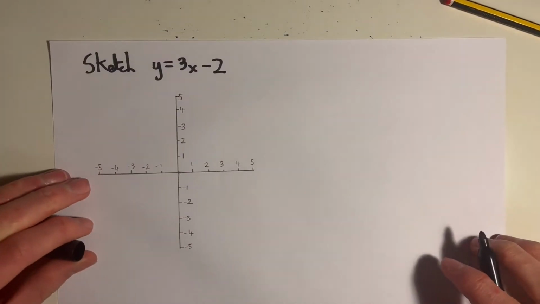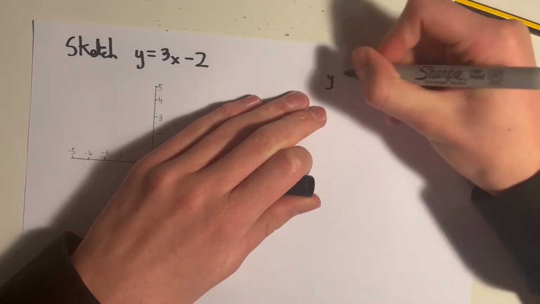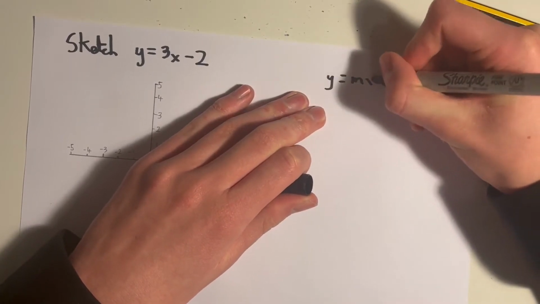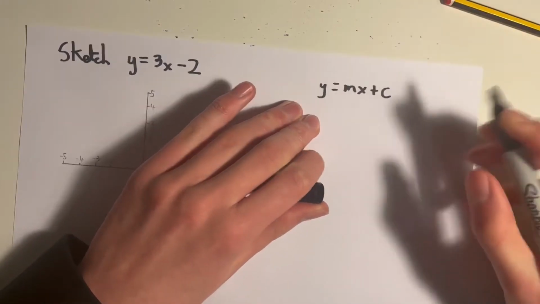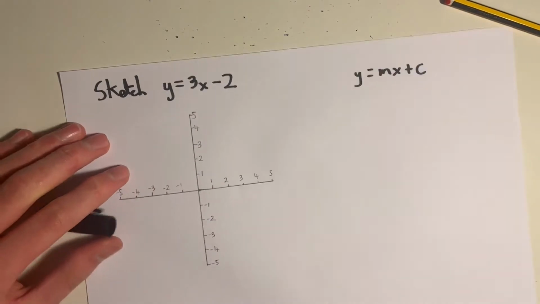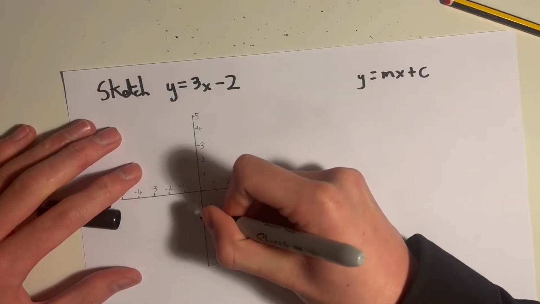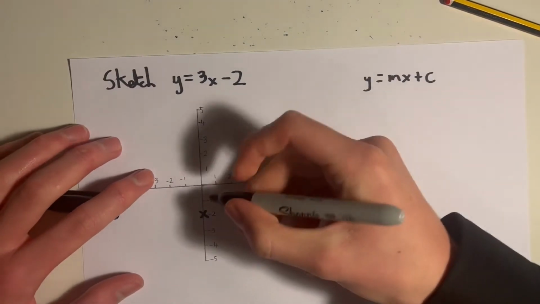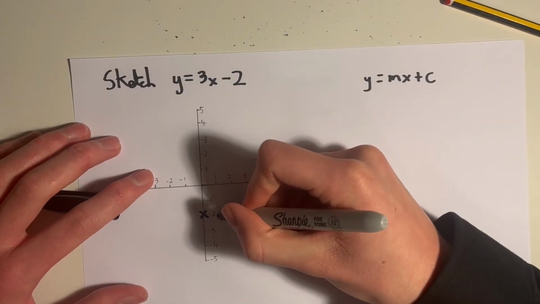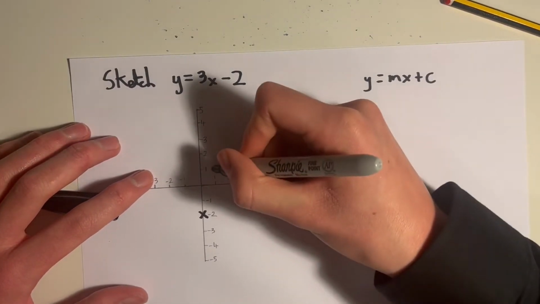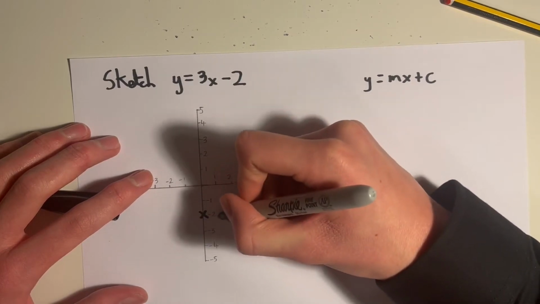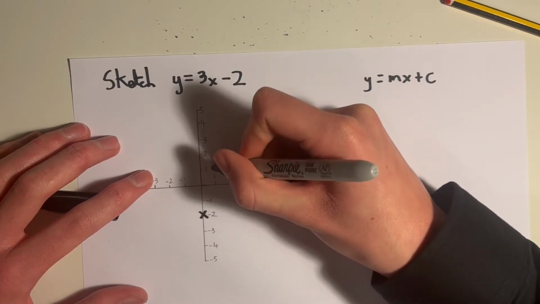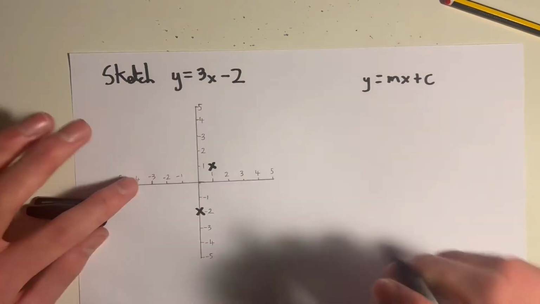So straight away, knowing y equals mx plus c, we know the y-intercept is minus 2, so we'll plot a point there. And if the gradient's 3, when it goes across 1 in x, it will go up 3 in y. So we'll go to 1 and then up to the coordinates 1, 1.